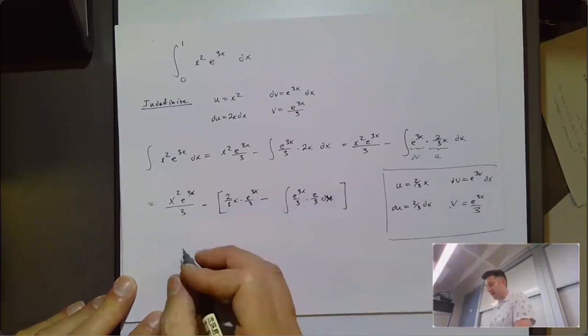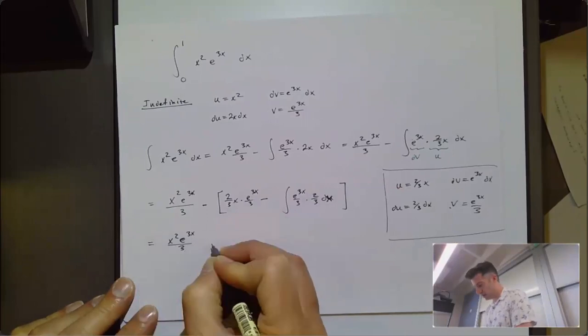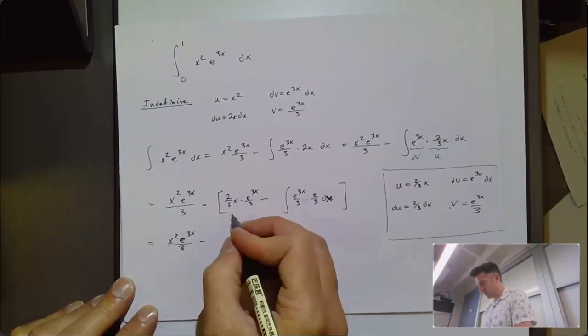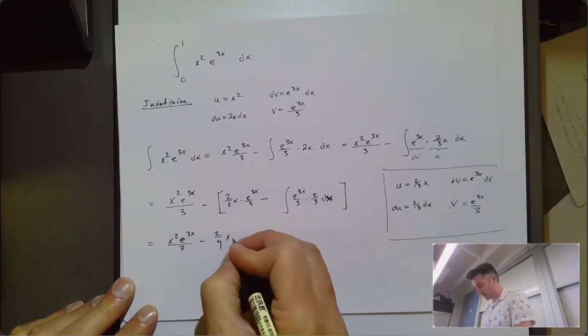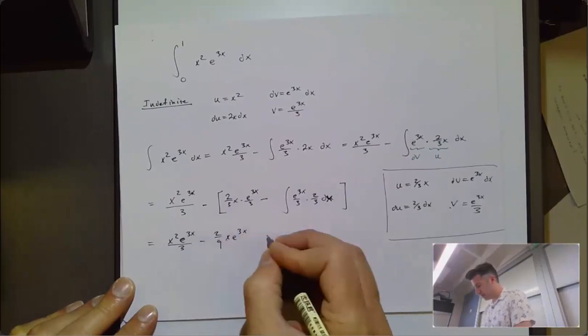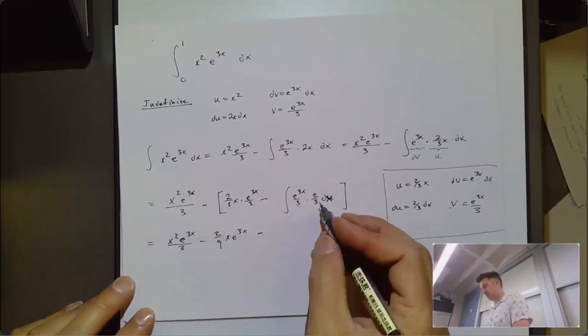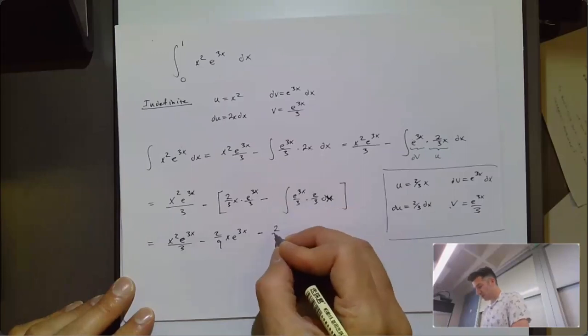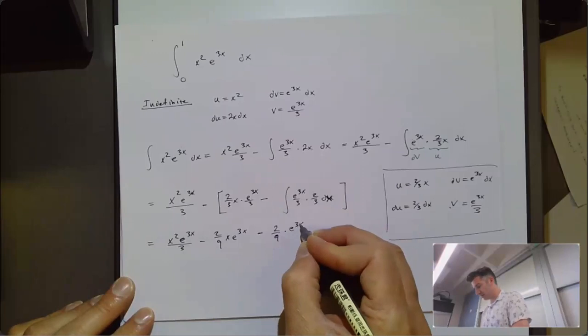Let's simplify it a tiny bit. We get x squared e to the 3x over 3 minus 2/3 times 1/3 is 2/9 x e to the 3x minus the integral of e to the 3x, which is e to the 3x over 3. So I'm going to have 2/9 times e to the 3x over 3.